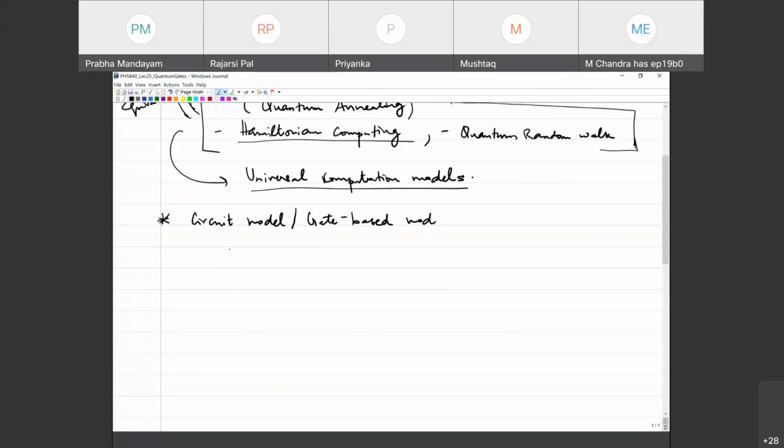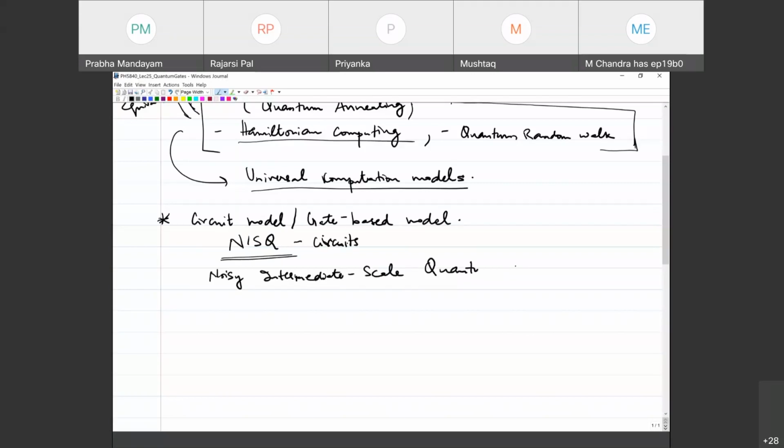Also, if you read around in any popular magazines and so on, you'll often find this word being bandied about, NISQ circuit, right? You'll often find this word being used. NISQ just means noisy intermediate scale quantum circuit.